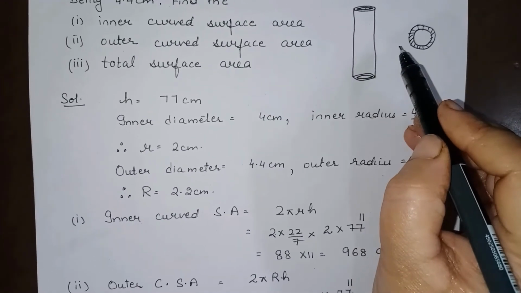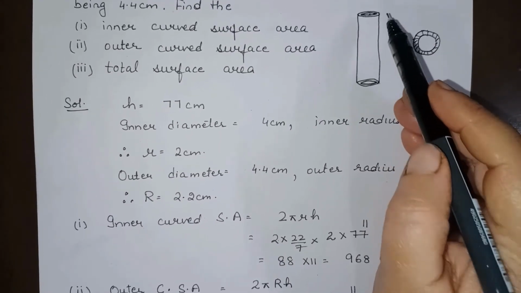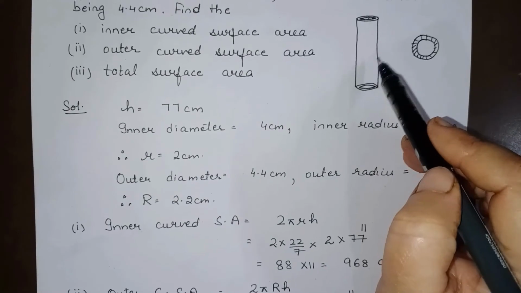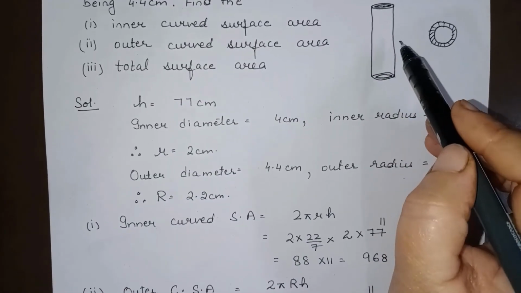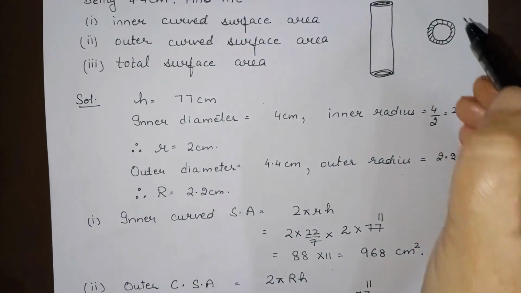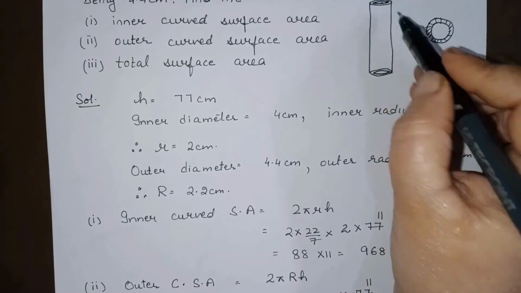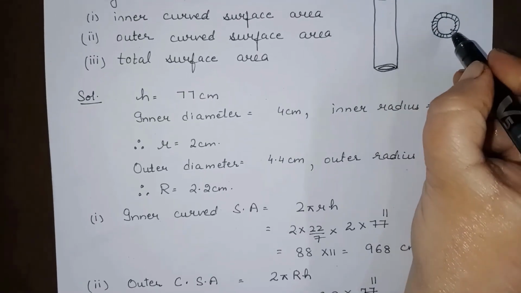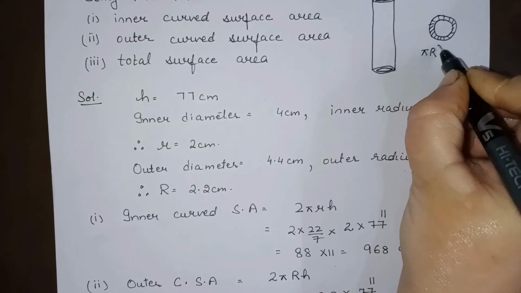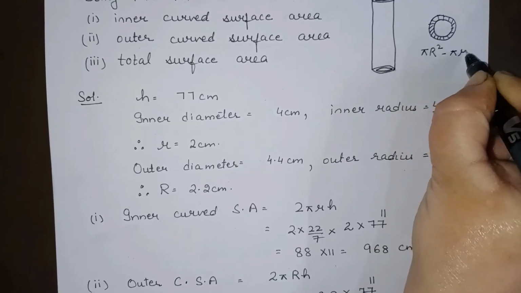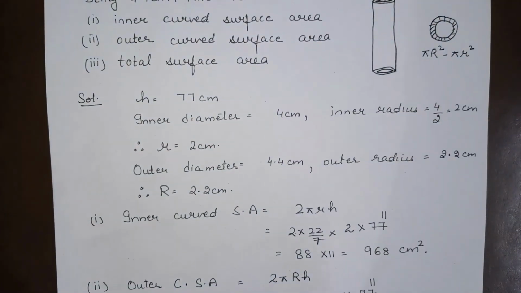So when we have to find the total surface area of this metal pipe, it will be the inner curved surface area, which is from inside, the outer curved surface area, which is from outside, and this area of ring. This is a ring on the top and on the bottom, and area of this ring is given by pi R square minus pi small r square, and there are two types of rings here.